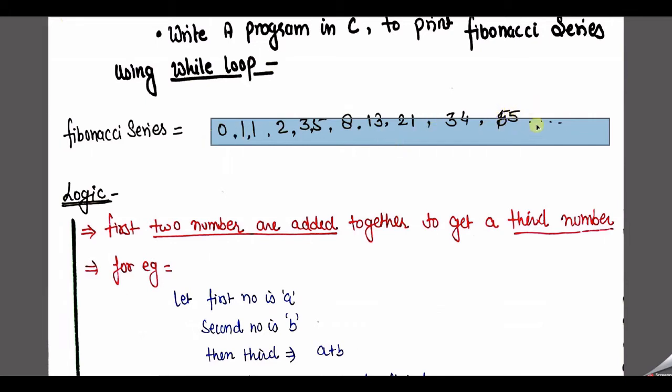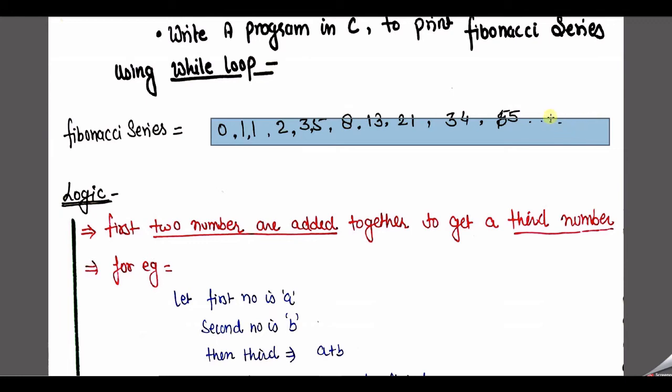For example, print the Fibonacci series less than 100. That means we get values like 55, then 89, and then values more than 100.